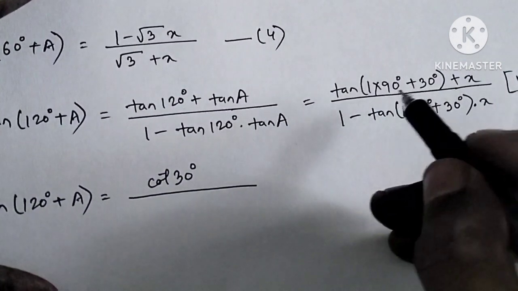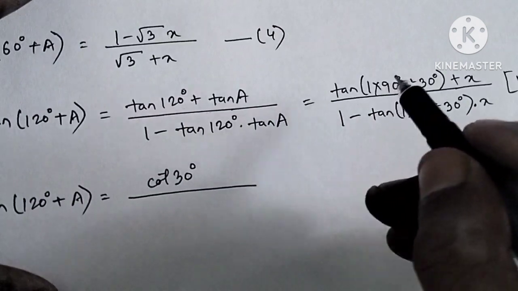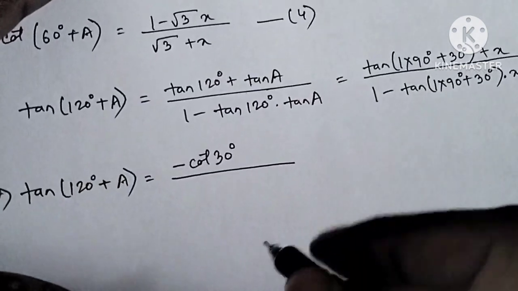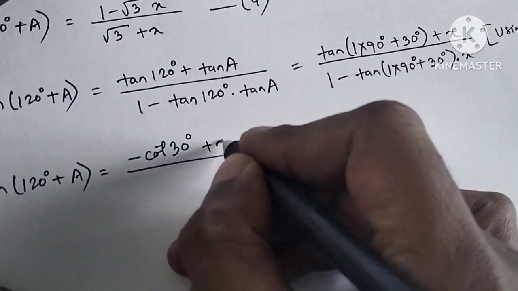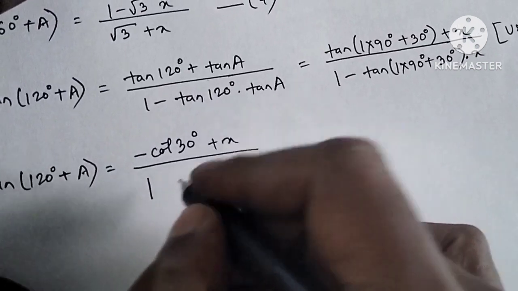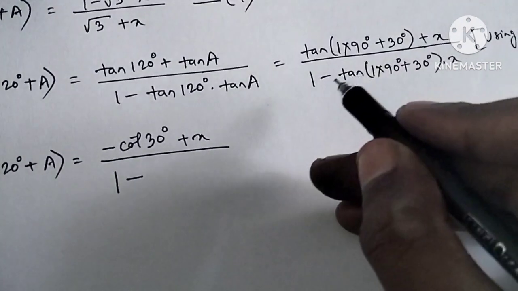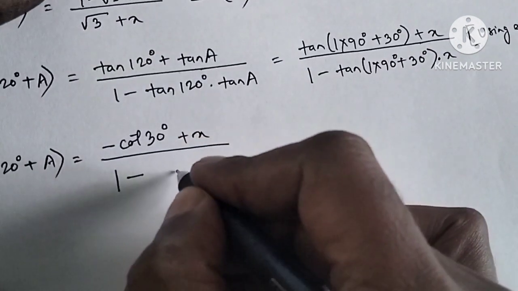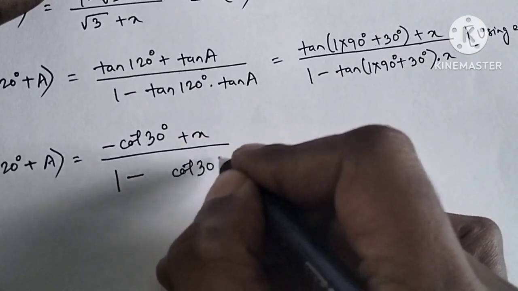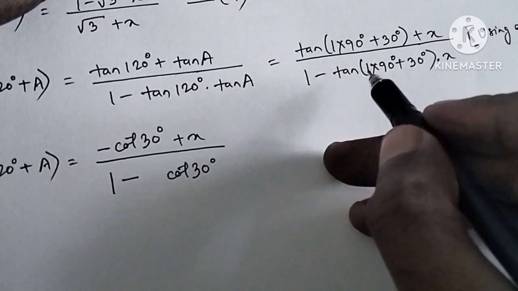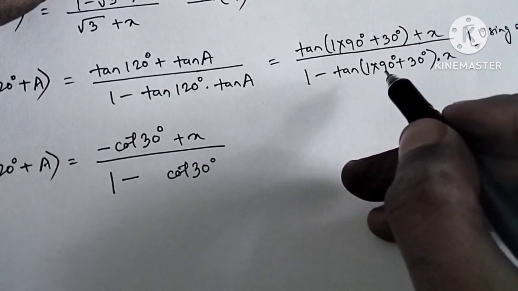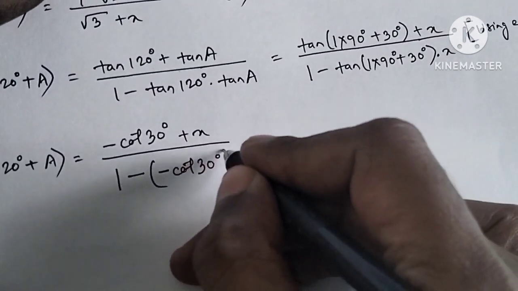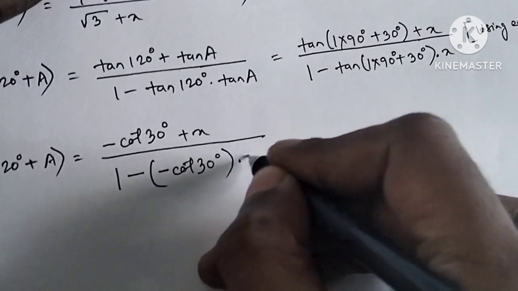And it is in the second quadrant, where tan is negative, so minus will come: minus cot 30 degree plus x, by 1 minus (minus cot 30 degree) into x.